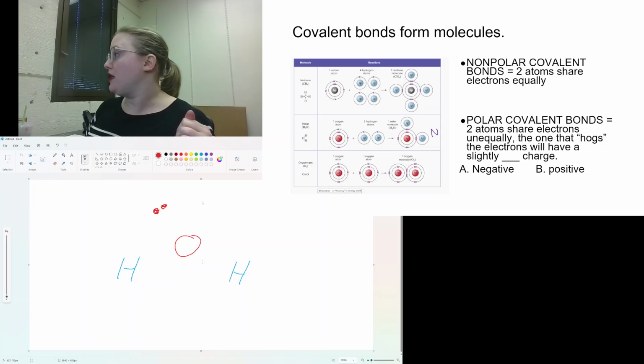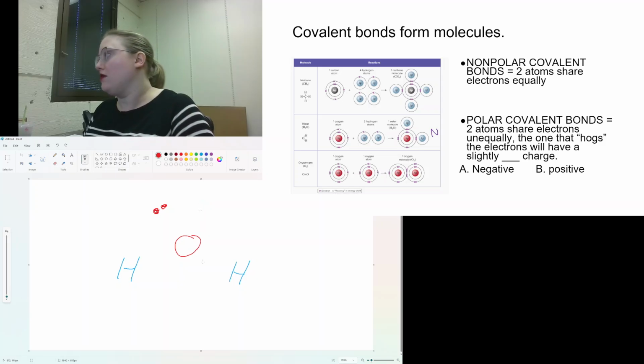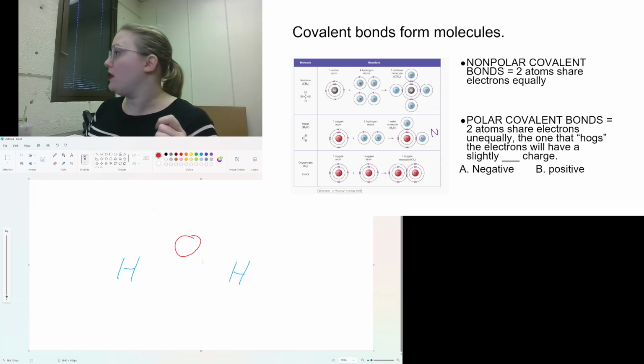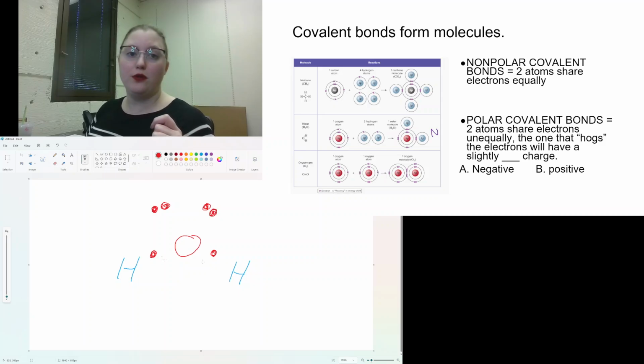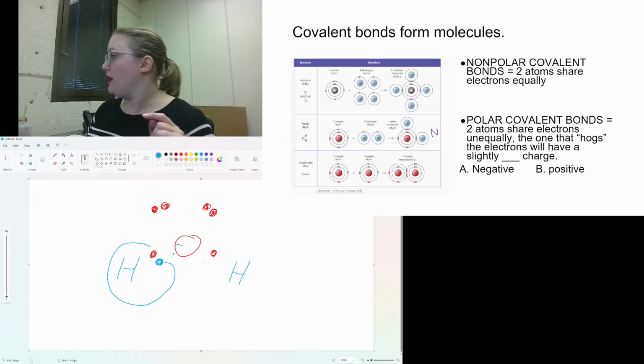Let's pair them correctly: 1, 2, 3, 4, 5, 6, right? So now we have 2 empty spaces. Hydrogen wants 1 bond. Oxygen has 2 empty spaces. It wants 2 bonds. So it can hold with it 2 hydrogens. So we're going to have 1 hydrogen paired here, forming a covalent bond, and 1 hydrogen paired here, forming a covalent bond.